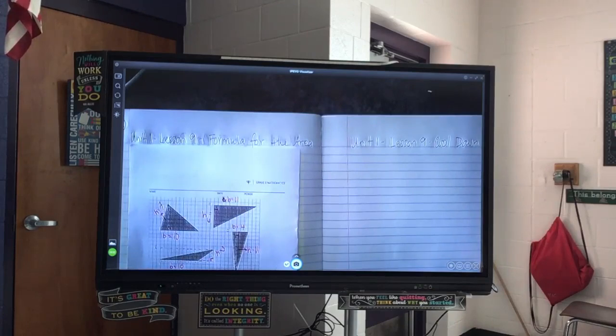Make sure you show all of your work and do what it says. When you are finished, please turn this into the first period bin and then work on your Imagine Math lessons. If you are done with Imagine Math, you may work on Lexia. If you are done with Lexia and you have makeup work, you may work on your makeup work.